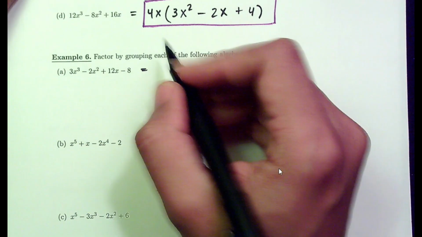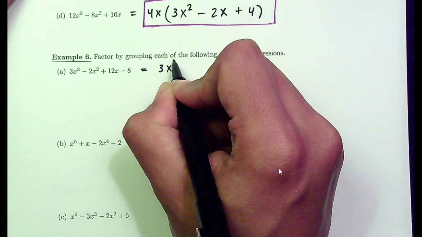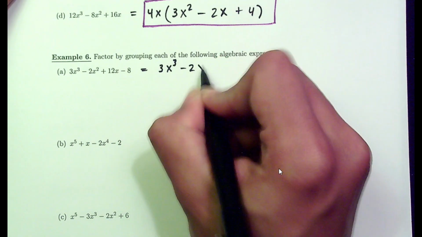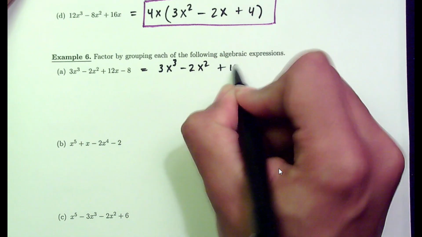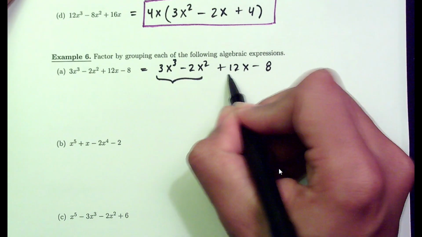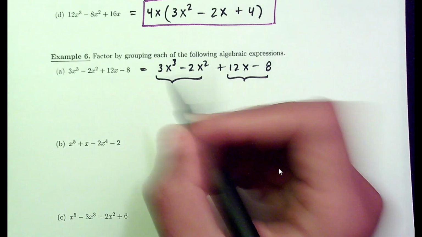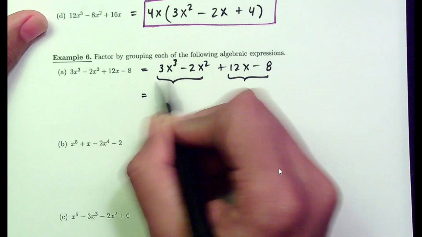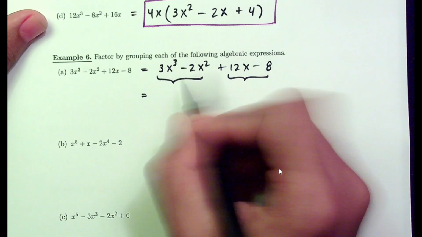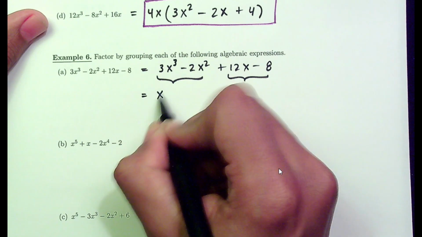All right, and then I'm just going to copy it again for my convenience. What you're going to do is take them in pairs, and then do the GCF again, but only for these two. So the GCF of these two: the coefficients have nothing in common, but you can pull out an x squared.